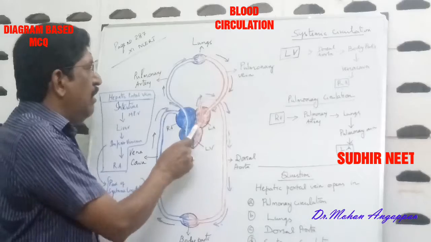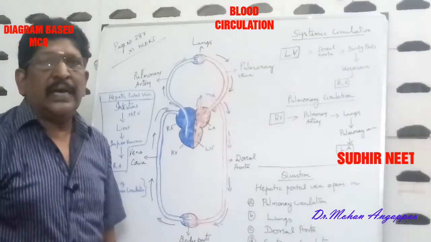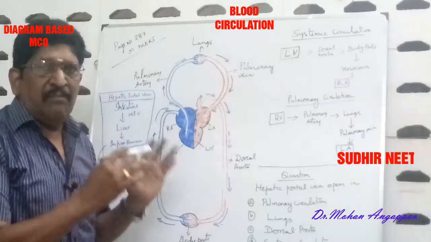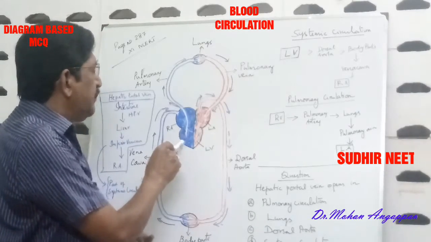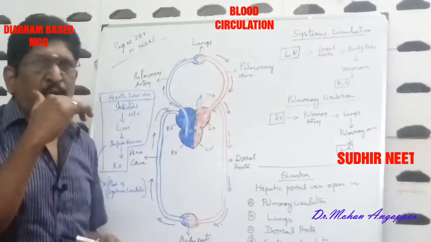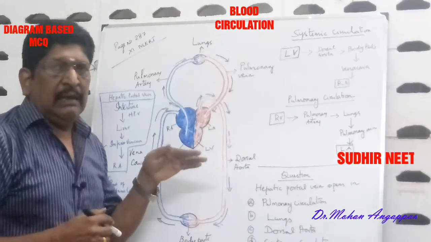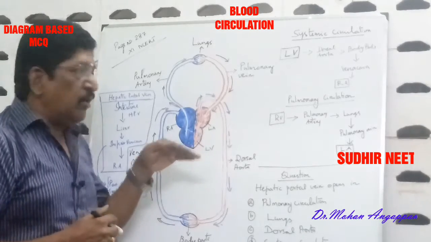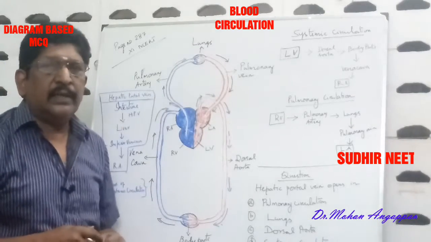From the left ventricle, the dorsal aorta arises. These are the blood vessels. At the opening of this pulmonary artery and aorta, you get semilunar valves. The valves actually regulate the flow of blood, one way flow of blood.